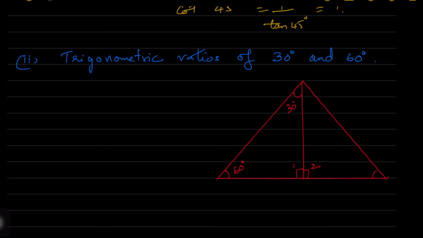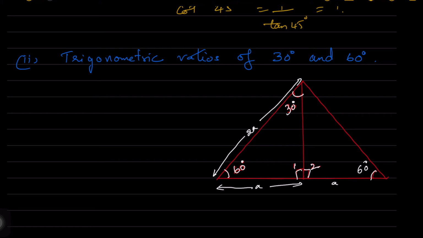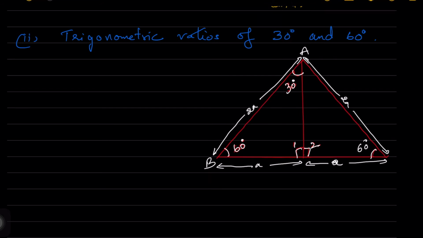So now if you name the figure as ABC according to this figure, AB is 2A, AC is also 2A, BD is A and DA is A.